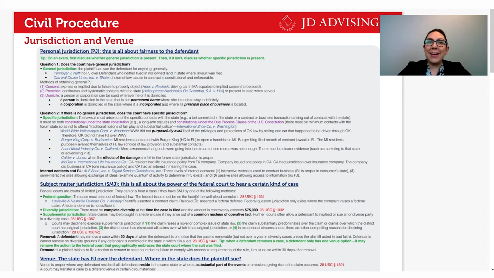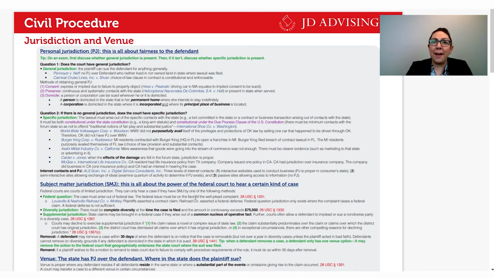There are 3 types of subject matter jurisdiction. Federal question jurisdiction is the first one. Federal question jurisdiction is present when the lawsuit arises under federal law. So if you have an alleged violation of a federal statute, the plaintiff is suing the defendant saying defendant violated this federal statute, that would confer federal question jurisdiction, meaning that the plaintiff could file that case in federal court.